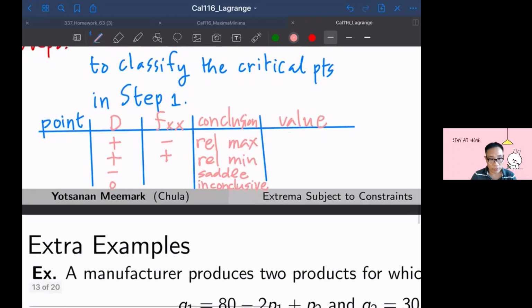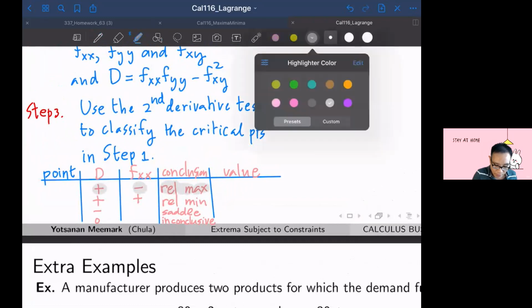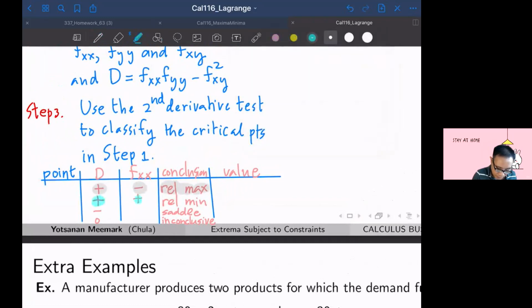So it's going to be like 4 cases. However, most of the time, you're going to see only 3 cases here: positive, negative is a relative maximum; positive, positive is a relative minimum; and negative is a saddle point. So this is the classification that you may need to memorize.